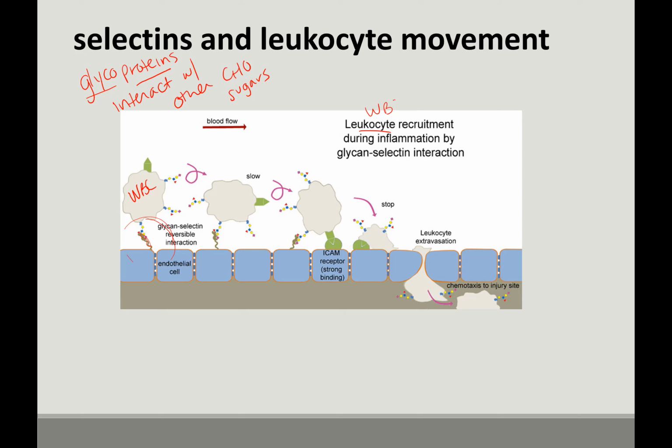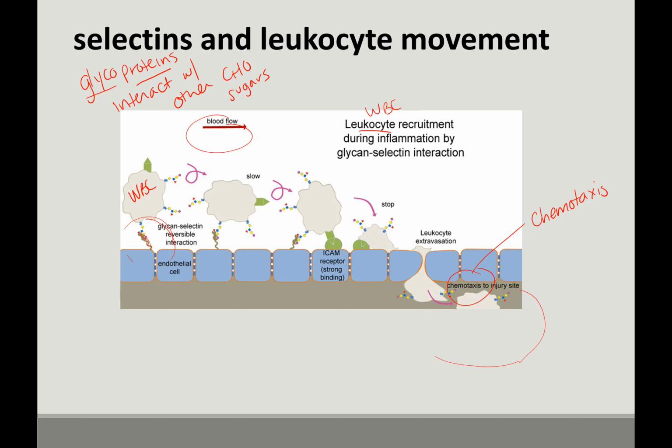You don't want all your white blood cells swept away in the blood, right? Here's your blood flow. You want them to be able to stick to get to where they want to go. And there's a term here that you know now called chemotaxis, right? So this site of injury is sending out little chemical messages that say, help, come help, I've got an injury, or I've got some kind of invading bacteria or virus or something like that.